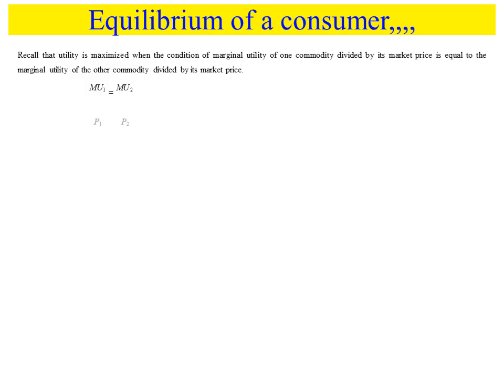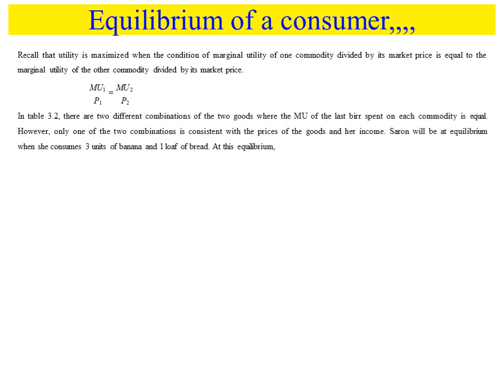That is, marginal utility of 1 over price of 1 equals marginal utility of 2 over price of 2. In table 3.2, there are two different combinations of two goods where the marginal utility of the last birr spent on each commodity is equal.